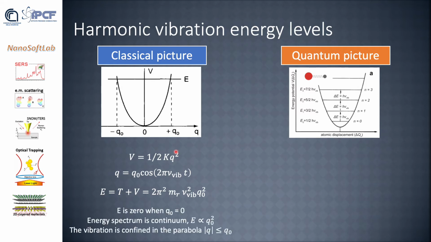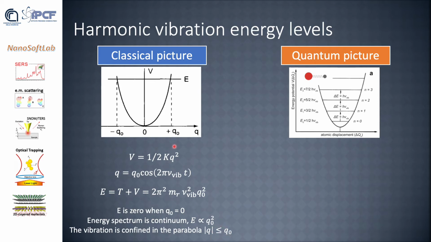What is interesting to note is that the energy is 0 when Q0 is 0. Another thing is that the energy spectrum is continuous, and another important thing is that the vibration is confined in the parabola, Q smaller than Q0.